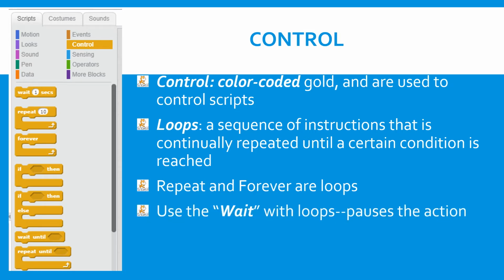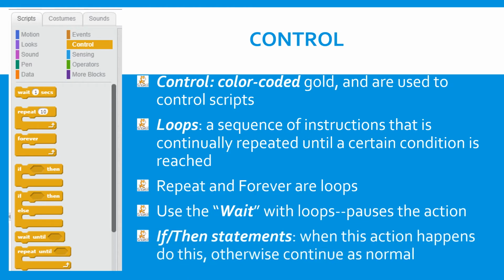With the repeat and forever, you often use the wait block because this pauses action. You also have your if-then statements. You use these when you want a certain action to happen under a certain condition, and if that condition is not present, then another action will be taken.